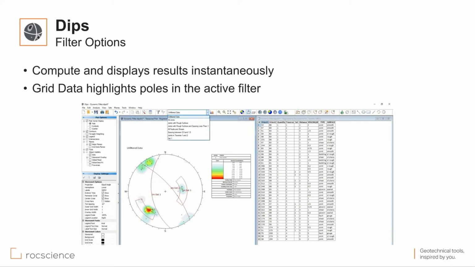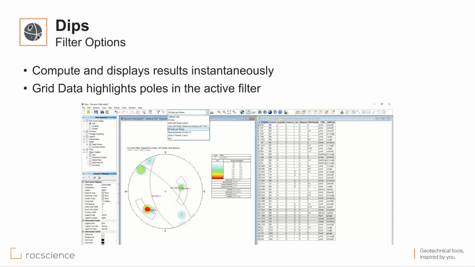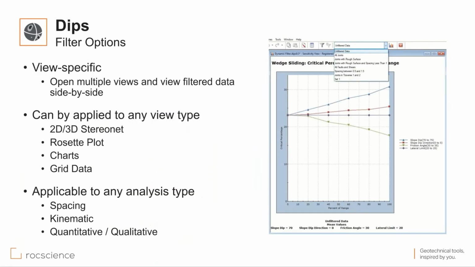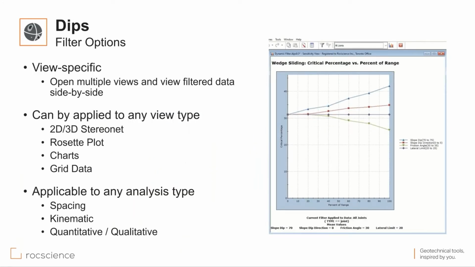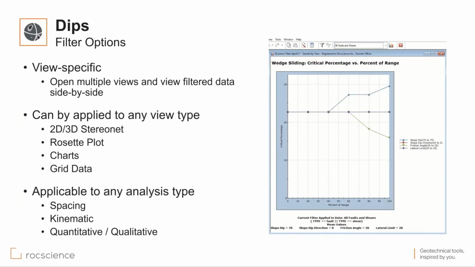Once the filters are defined, DIPS computes and displays the results instantaneously upon toggling the filter dropdown in the toolbar. At the same time, the poles in the active filter are highlighted in the grid data view. What makes the data filter so powerful in DIPS is that it works on a per view basis.